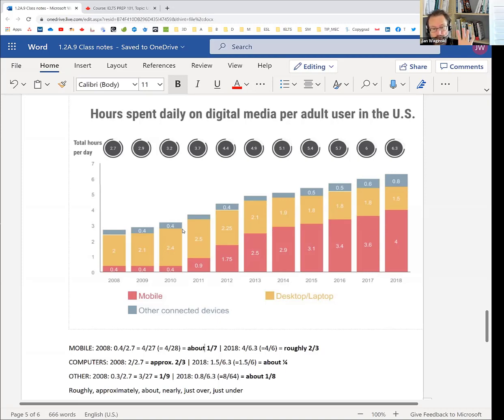In a general overview, you don't want to be too vague, and you don't want to be too specific. So just a big snapshot of this graph is that hours spent daily went up consistently, and mobile devices comprised a greater and greater percentage of where people consumed digital media. Okay, that's all I'm going to say for now. That's all you need to put in the general overview.